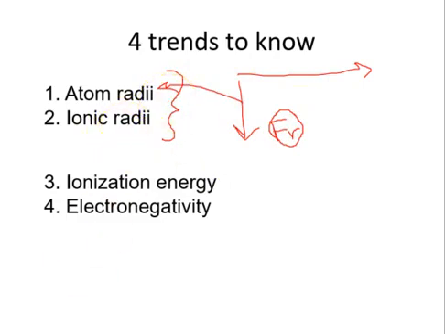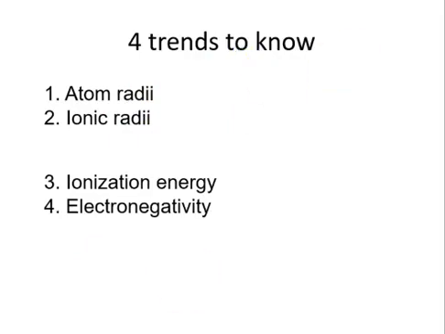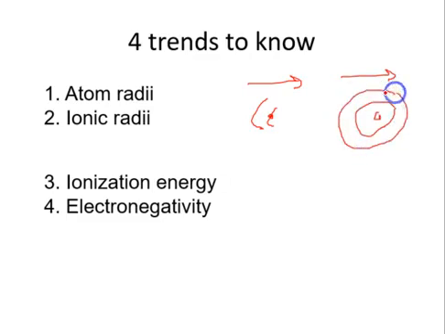For ionic radius, we actually have 2 different trends. We have a cation trend and we have an anion trend. Remember that the cations give away their outermost energy level and therefore get smaller than their atom size, but they still get smaller to the right. Anions are larger than their atom size because they gain electrons into their outermost energy level.